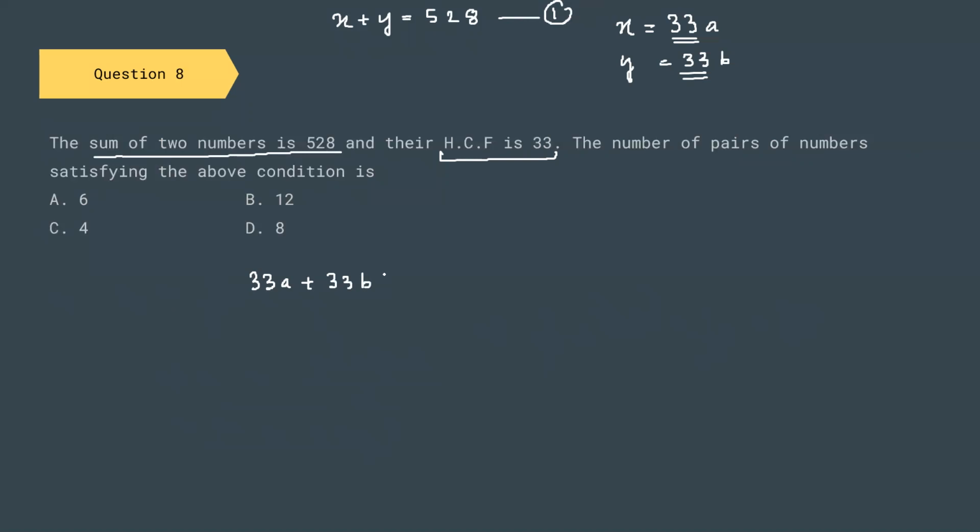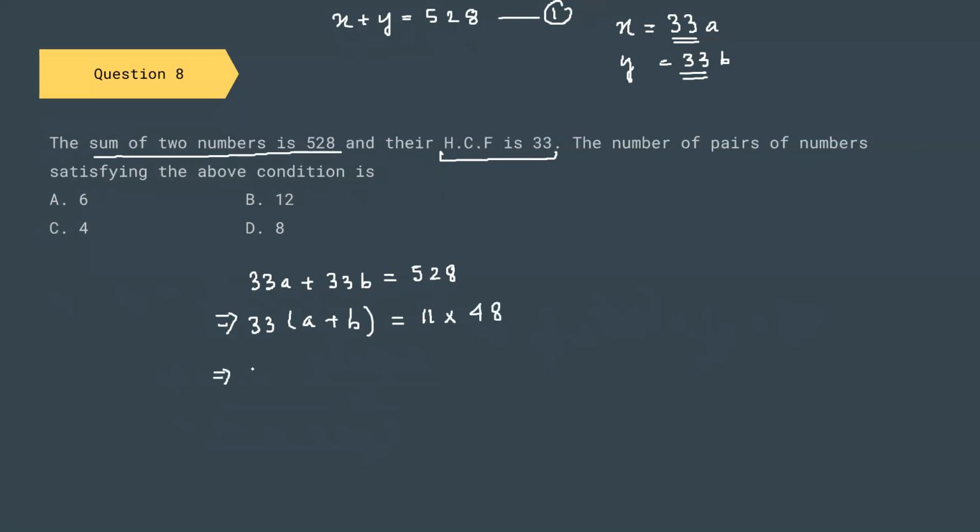So from the first equation, we can write 33a plus 33b is equal to 528. We can take 33 common: a plus b equal to, let us try to divide this by 11. So 11 into 48.